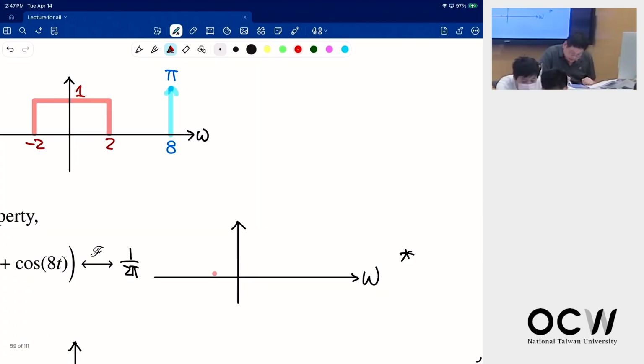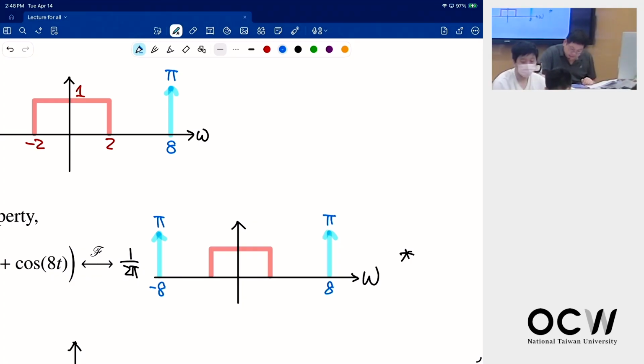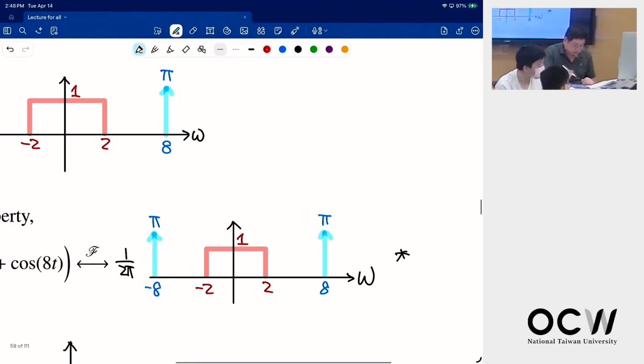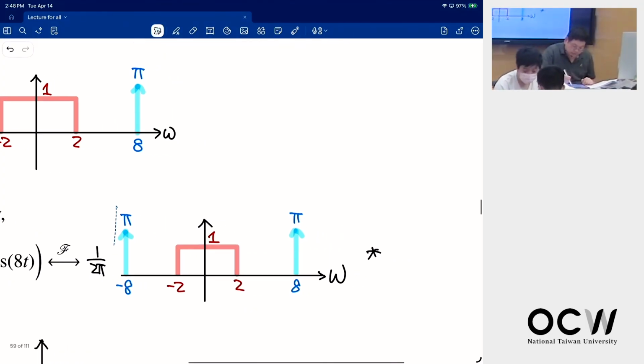So from -2 to 2, and then pi, here's pi at -8, and also pi at 8. And from -2 to 2, I have magnitude 1. So therefore, I need to convolve this.